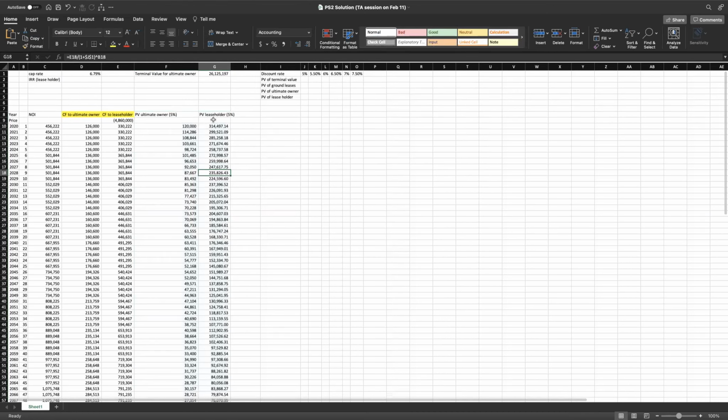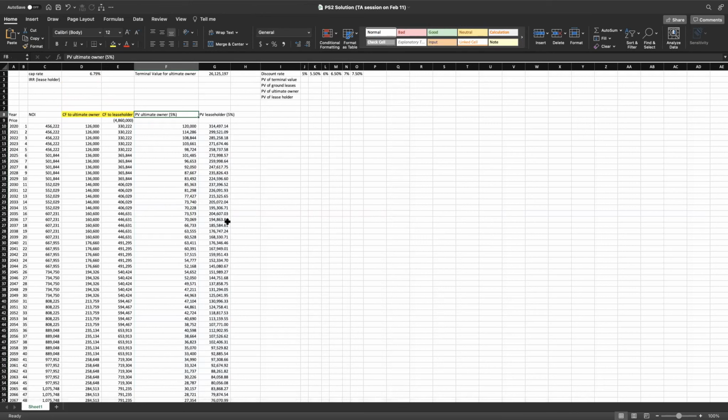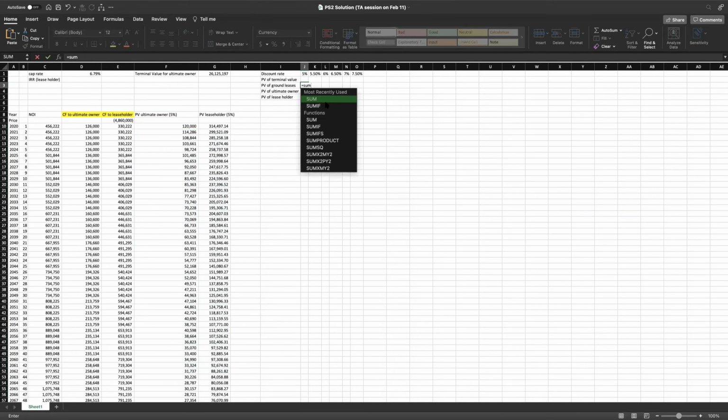Anyway, because I already listed the present value of all the future cash flow, for this specific case, the 5%, you can just sum up. Let's start with the present value of ground leases.